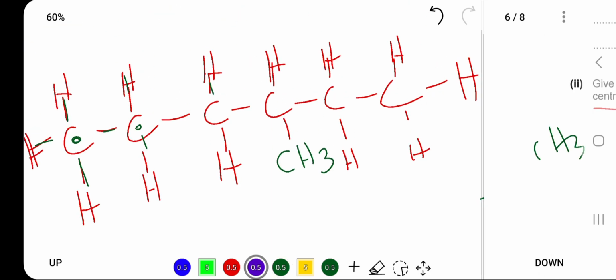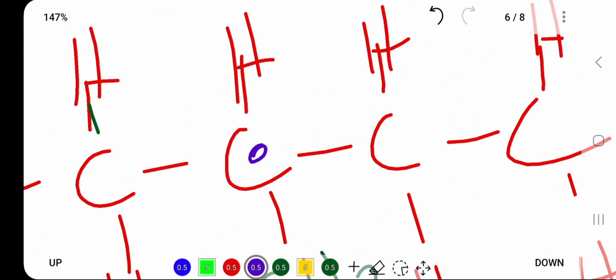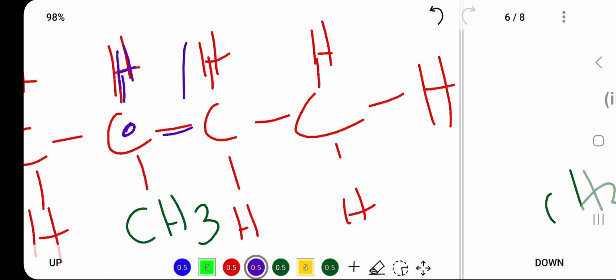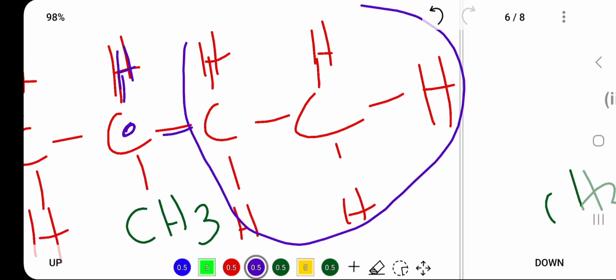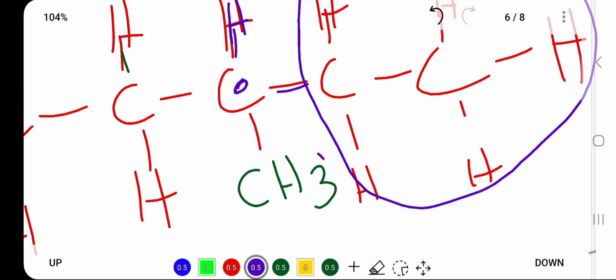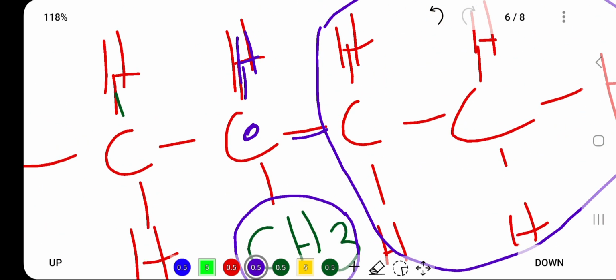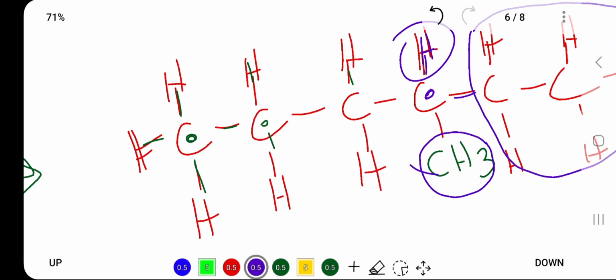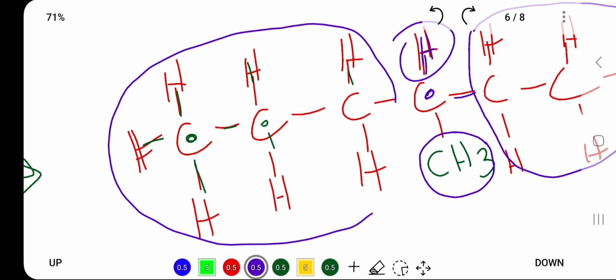Now let's check if it worked. This carbon is connected up here to this entire thing, you take the whole thing, by the way. Down you have CH3. On the left side you have 3 carbons with their hydrogens.